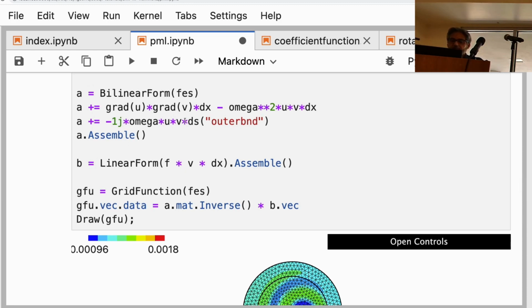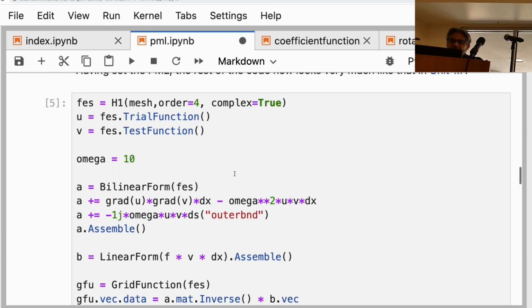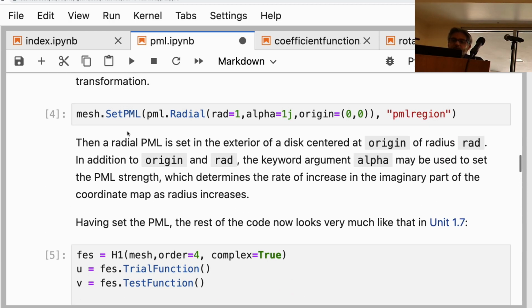Here's the Helmholtz problem. You can read off from the bilinear form, with this outgoing boundary condition imposed at the end of the PML. The only change is this one line. So you don't see anything. The form hasn't changed.